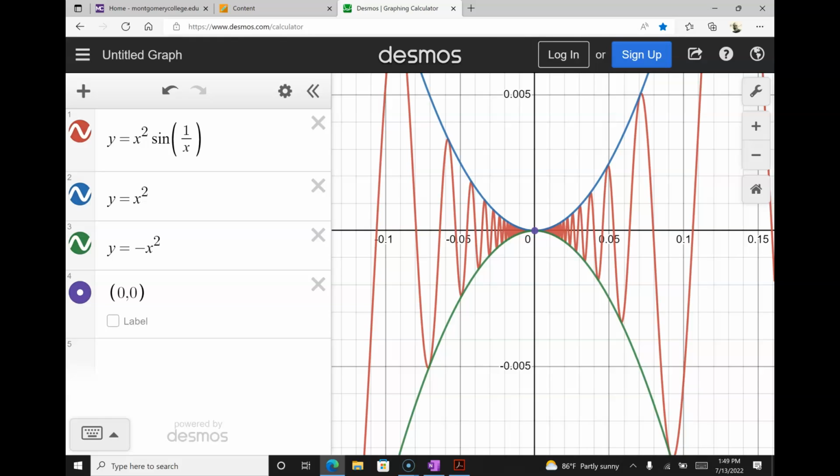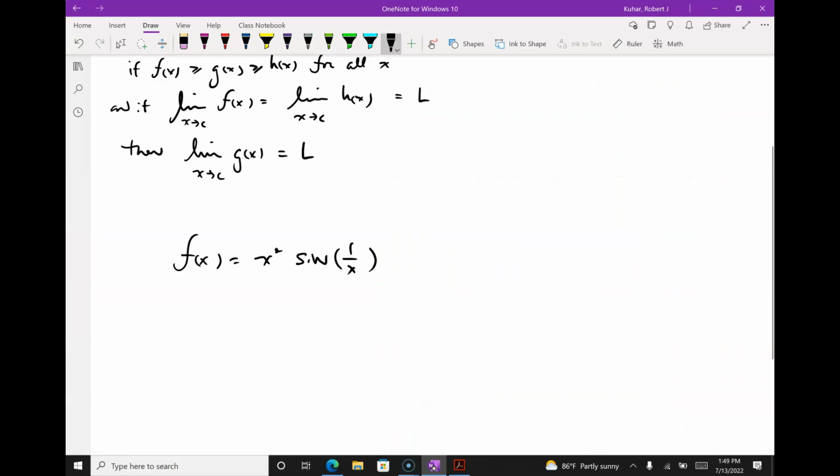So there's the squeeze theorem. We know that x squared is greater than or equal to x squared sine of 1 over x, which is greater than or equal to negative x squared, because sine is at most 1 and at least negative 1.